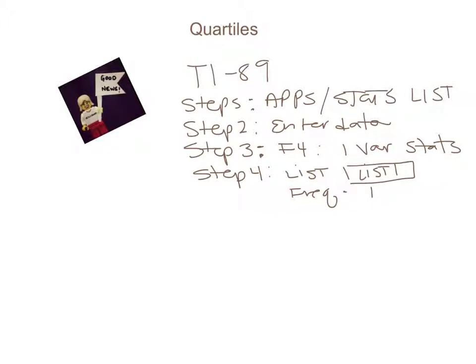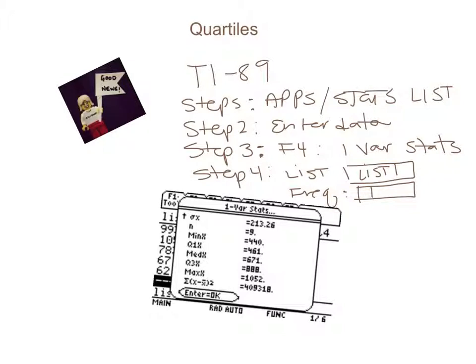And where it says frequency, you type in the number 1 because each thing happened once. Then you should end up with a screen just like with our mean and median. You get a screen that looks like this. And you can see right here is our Q1. Remember, median is Q2, and there's Q3. So this is from a different data set, but you can see Q1, Q3. You just scroll down from where your mean is at the top to your quartiles. So that is good news.